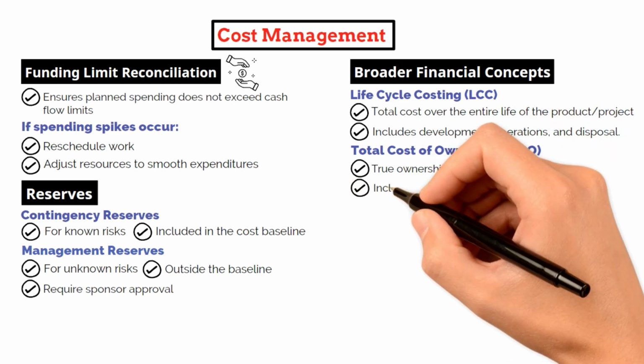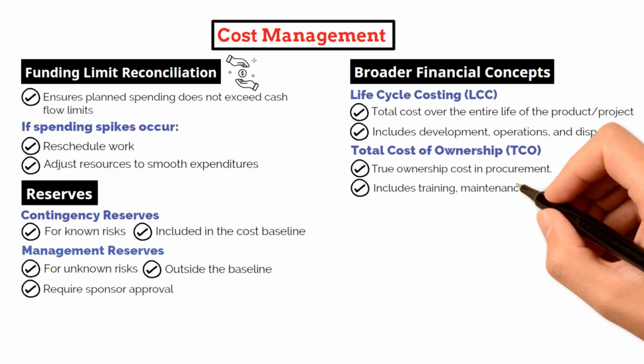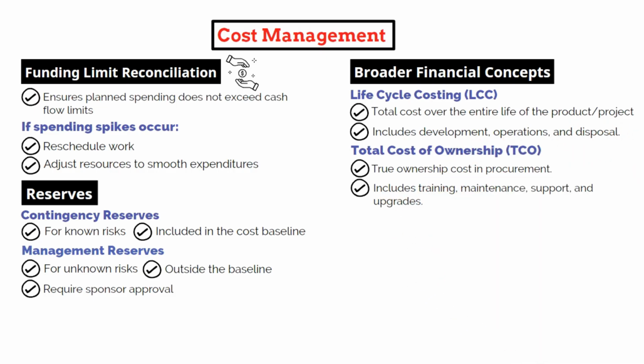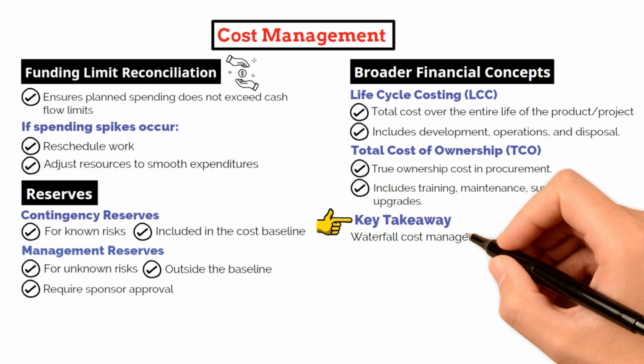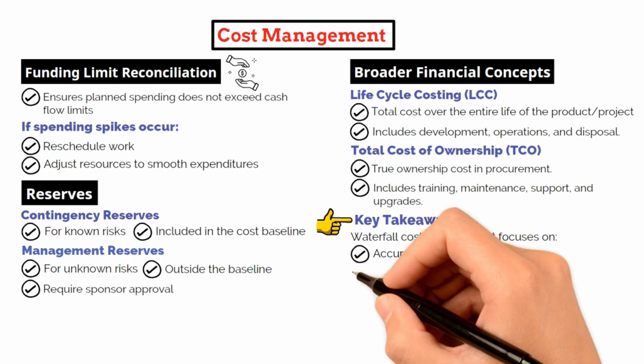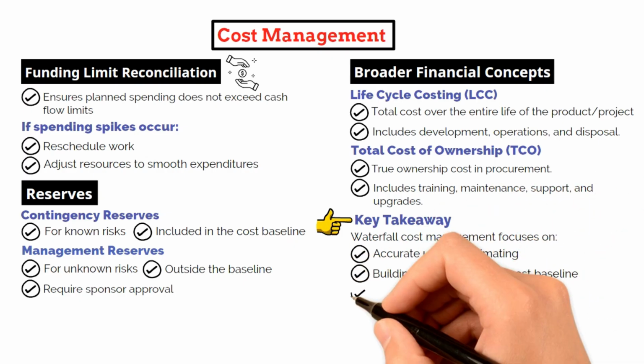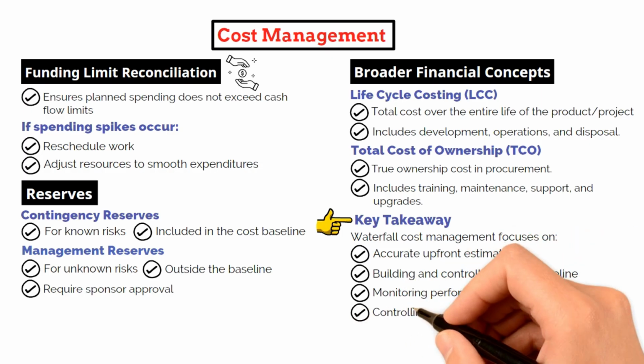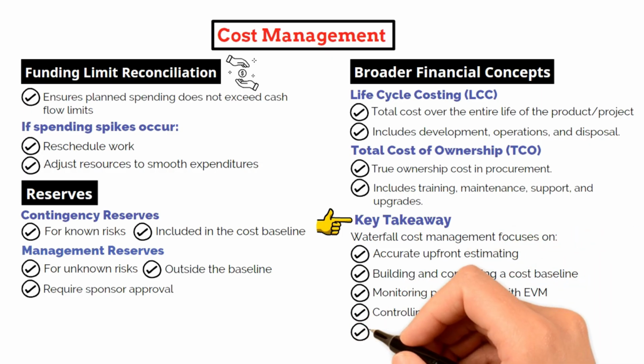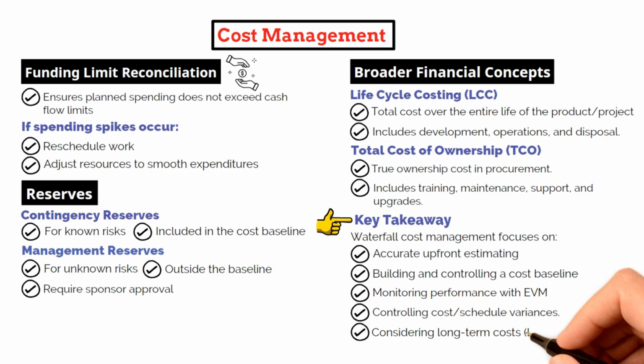It looks beyond the initial purchase to include training, maintenance, support, and long-term upgrades. So waterfall cost management is about accurate estimation, building a cost baseline, monitoring with EVM, and controlling variances through formal processes, while also considering the long-term financial picture with LCC and TCO.